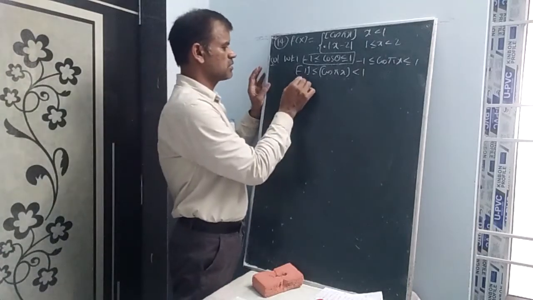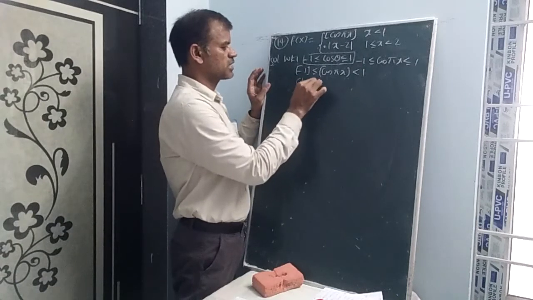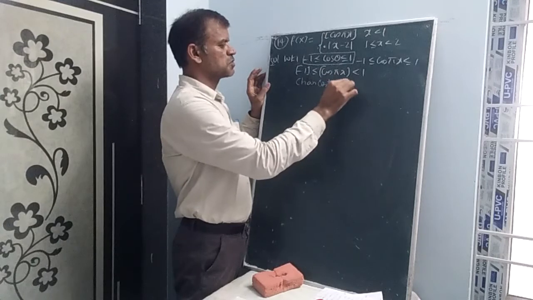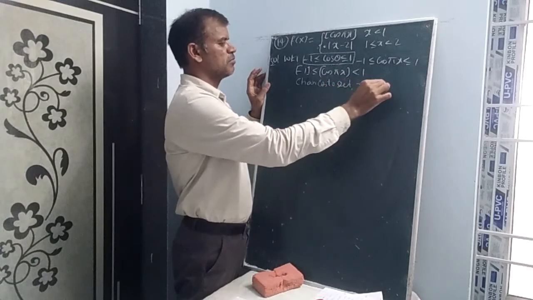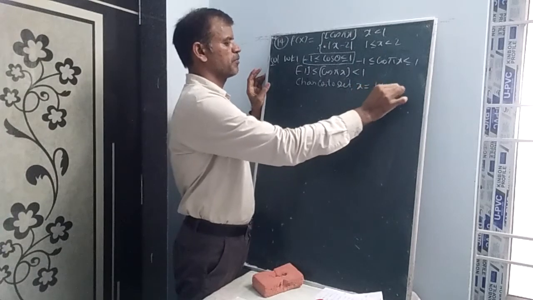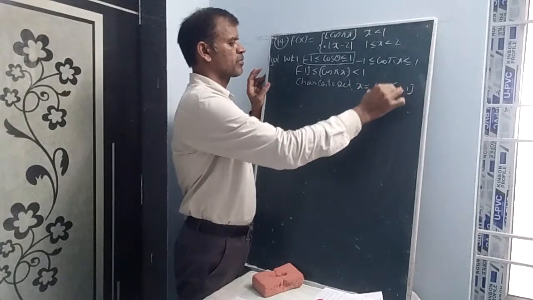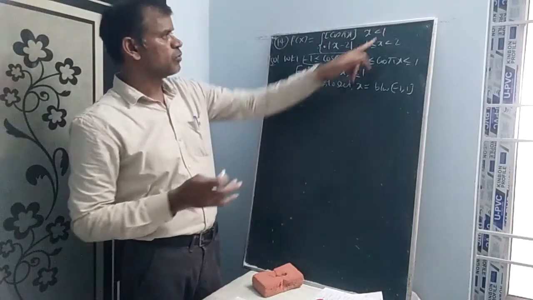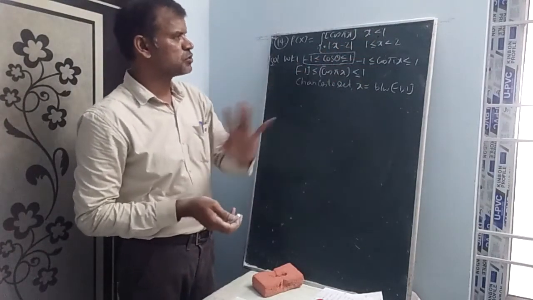So the chances to get x is between minus 1 and 1. 1 also we get. Of course, the value should be less than 1, so 1 we should not consider.